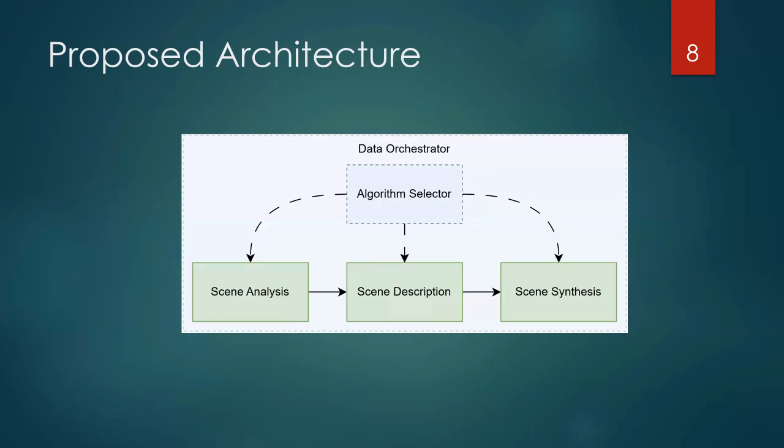And all these components are within a module that we call the data orchestrator, which has the responsibility of being the coach of the entire architecture, that basically defines rules and makes sure that everything works flawlessly.